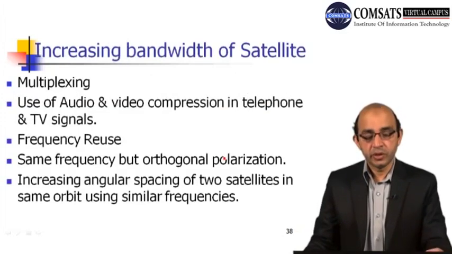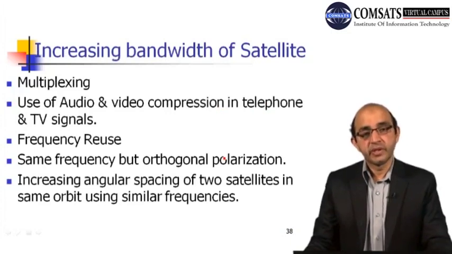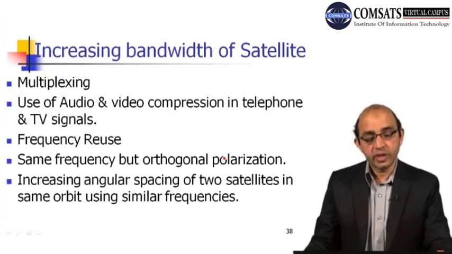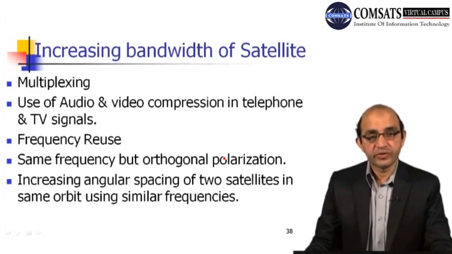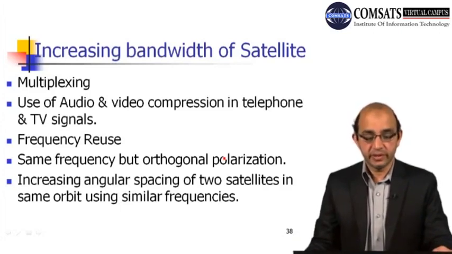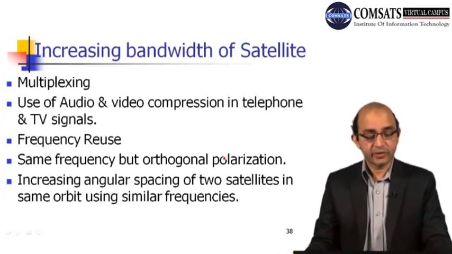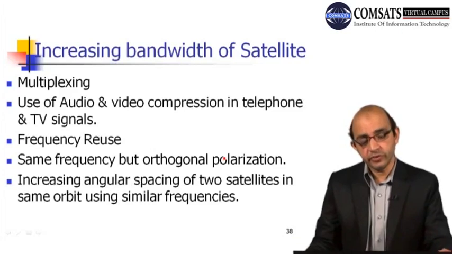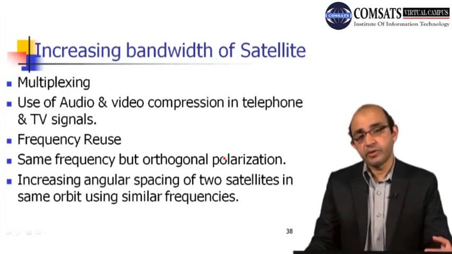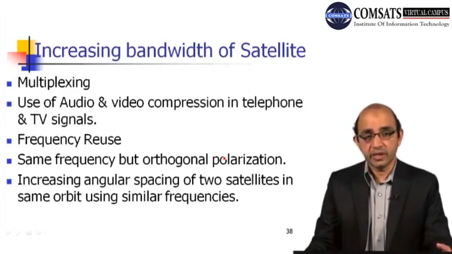So here we have shown different mechanisms to increase the bandwidth of satellite, because this is our desire, we want to enhance the bandwidth of satellite. There are different techniques. For example, we can use multiplexing, and we will talk about those techniques in more detail after some slides.